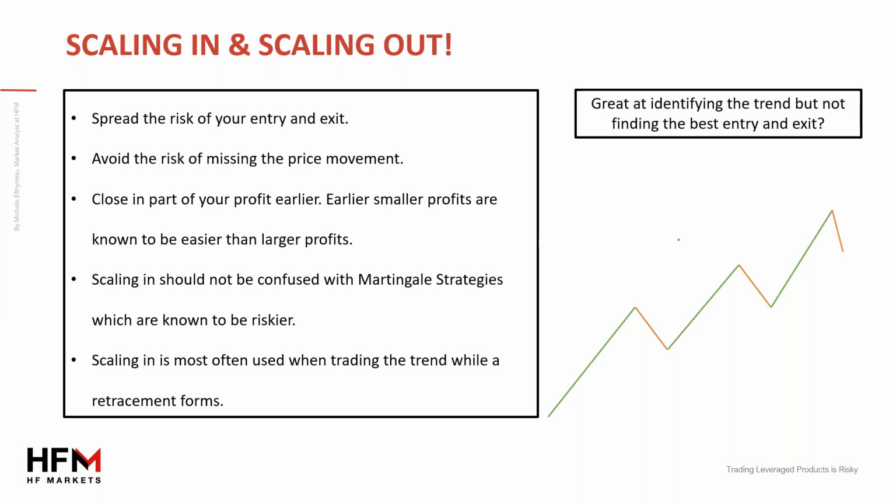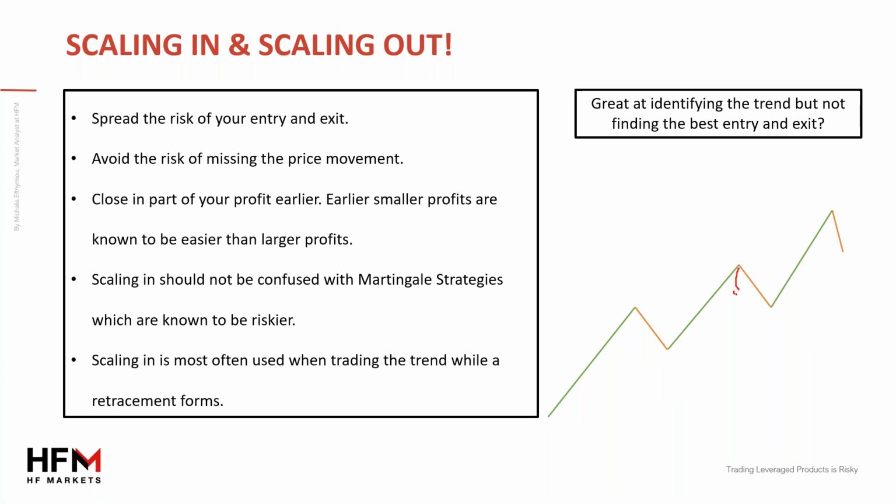So missing the price movement: a lot of people are scared of missing the price movement. Some people may, for example, measure this impulse wave, and say the impulse wave is at 0.25%. Then we've got a further impulse wave upwards. We've actually got a breakout as well, a higher high and a higher low. So people may say the upward trend is going to continue, but we're in a retracement.